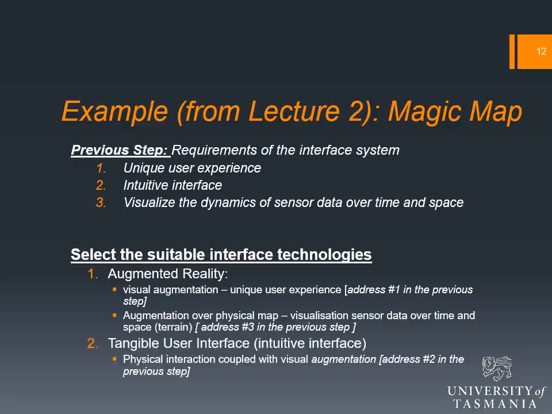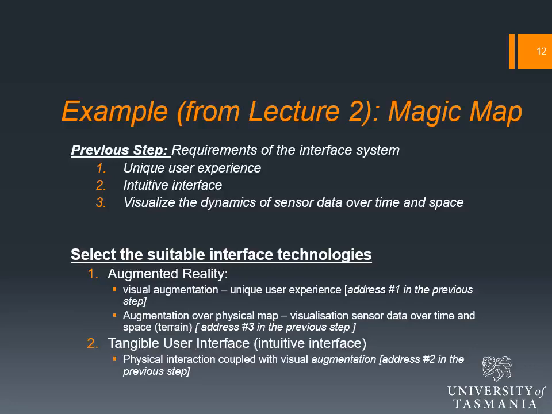And the second option here is the tangible user interface. That's another technology we use in this application. It provides a more interesting interaction interface. Tangible means some sensor or interface that you can actually touch and feel, similar to your keyboard and mouse, which have a tactile, tangible sense of interaction.